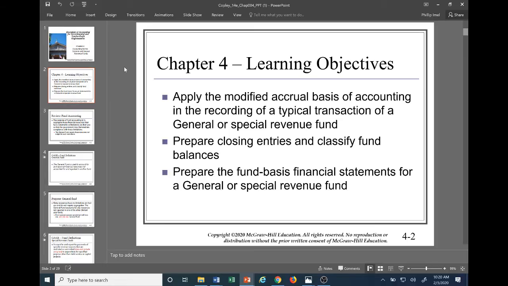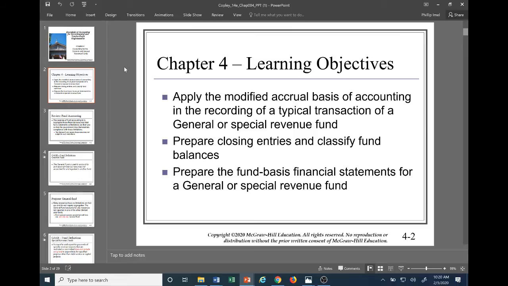We want to prepare closing entries and classify fund balances. We saw in the last chapter what entries have to be closed and which ones stay open. So the closing entries are relative to budgetary accounts, your operational accounts, and encumbrances. Those are going to be the 3 closings, and we'll get into more detail in this chapter.